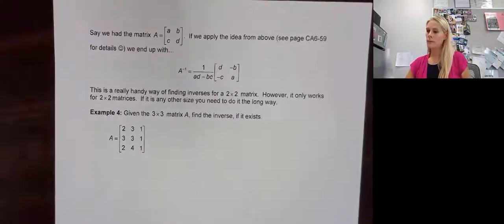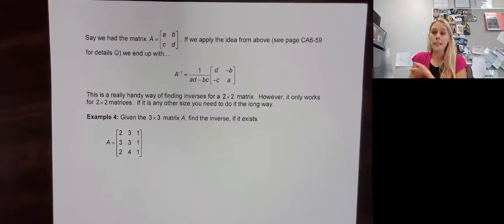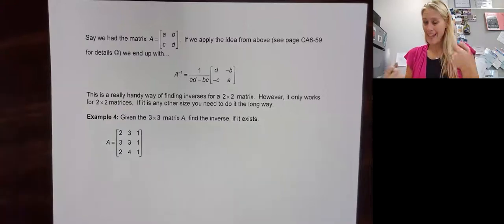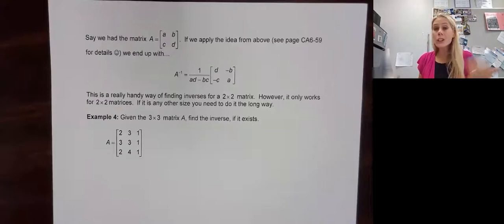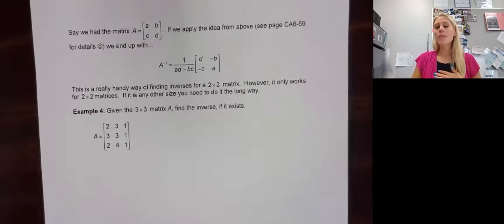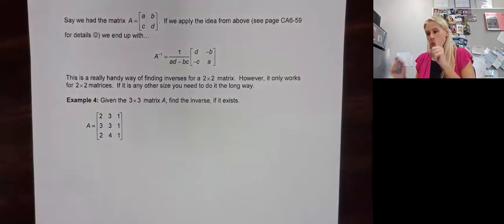All right. Say we had the matrix A equals A, B, C, D. What we find out, guys, is that you can find the inverse matrices just by doing a formula. Some of you might remember this from secondary 1, but if you don't, this is what happens.